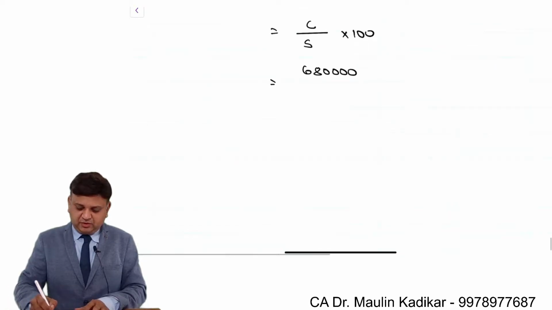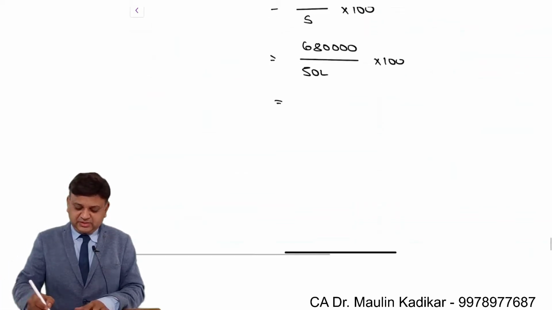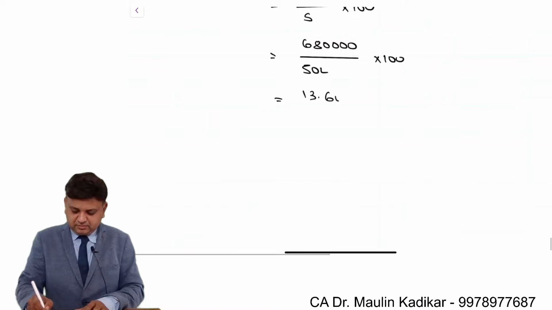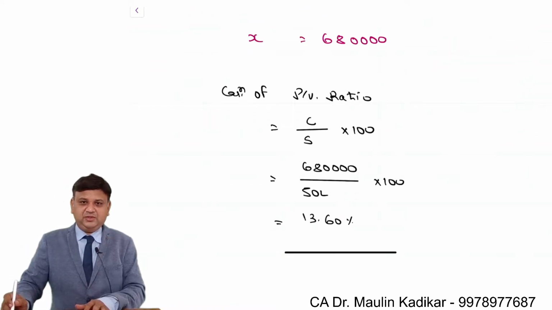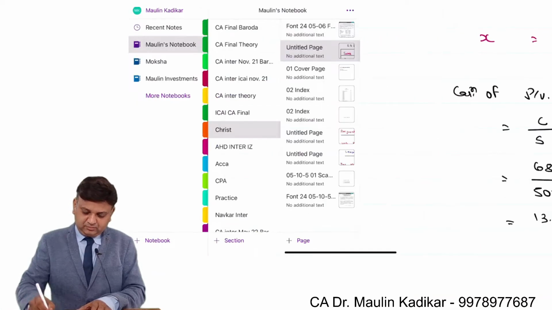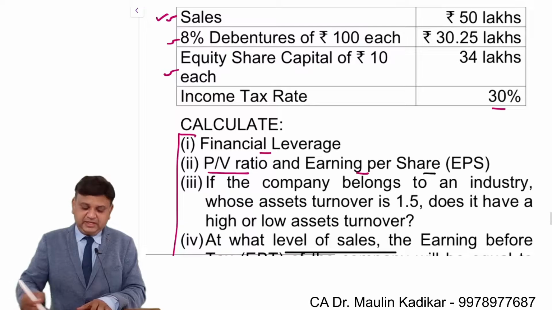Sales value is an amount of rupees 50 lakhs, into 100 for getting answer in percentage term. That comes to 13.6%. This is the way the PV ratio is calculated. The question says further that you are required to calculate the EPS.